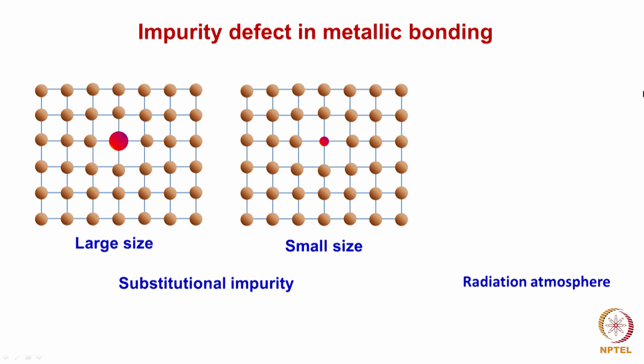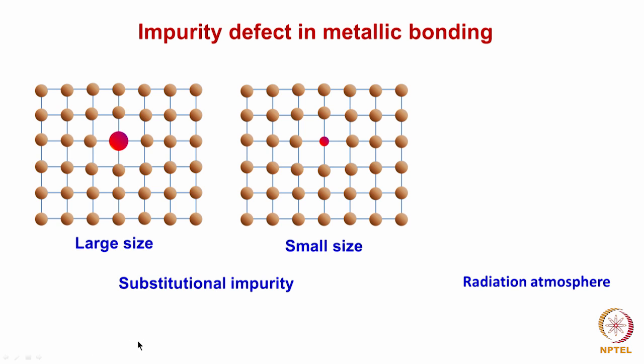But there is another type of defect which can be produced, because so far we talked about vacancies and interstitials, right. There are cases where both vacancy and interstitial could be produced simultaneously in the sample. This happens during irradiation of a material with high energy ions, where atoms are knocked out from the lattice sites.